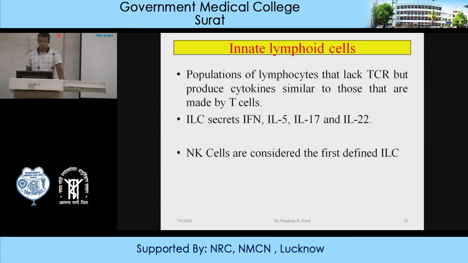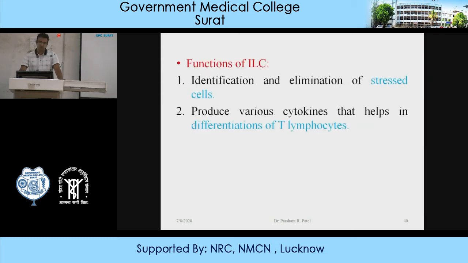So these innate lymphoid cells do not have any T cell receptor, but they are able to produce certain cytokines. Now what are the functions of these innate lymphoid cells? First, identification and elimination of the stressed or infected cells. Second function is to produce various cytokines that help in differentiation of T lymphocyte into effector cells.